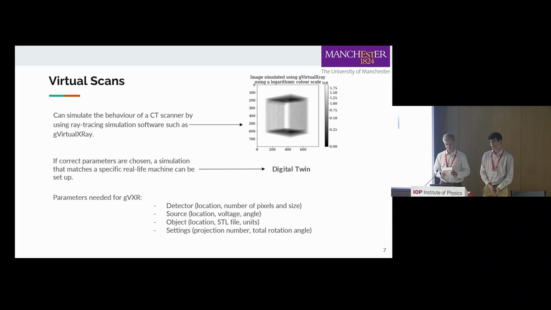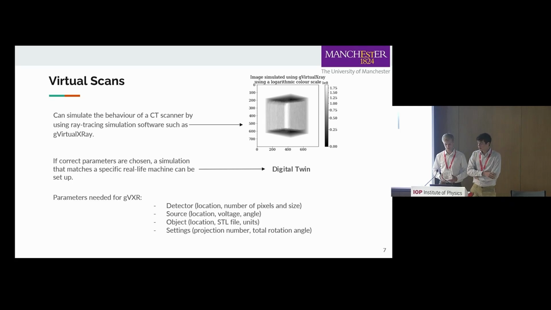So we decided to go for CT scanning simulations. For this, we used the ray tracing software GDXR, which I mentioned earlier, that solves the polychromatic beam Beer's law. If we tune it to have the right parameters, we can make it match a real scanner, which in this case is the in-house X-ray CT scanner at the University of Manchester.